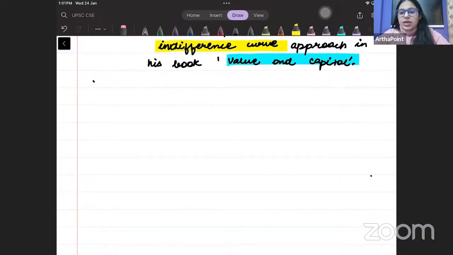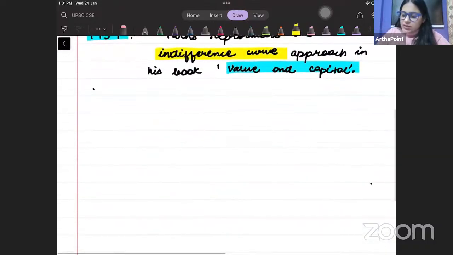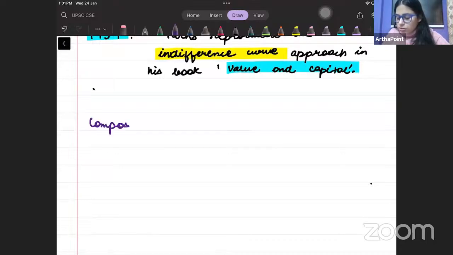Now, before we start that, we also want to talk about something called a composite good.